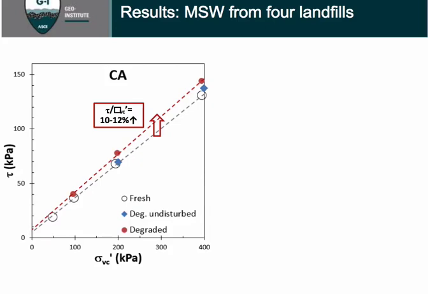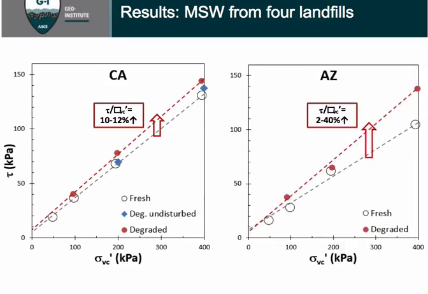But interestingly, we also saw in some cases an increase in waste strength. For example, for this California waste, the waste shear strength actually increased a little, about 10%, after waste degradation. And for the Arizona waste, the strength increased even up to 40% in some cases.